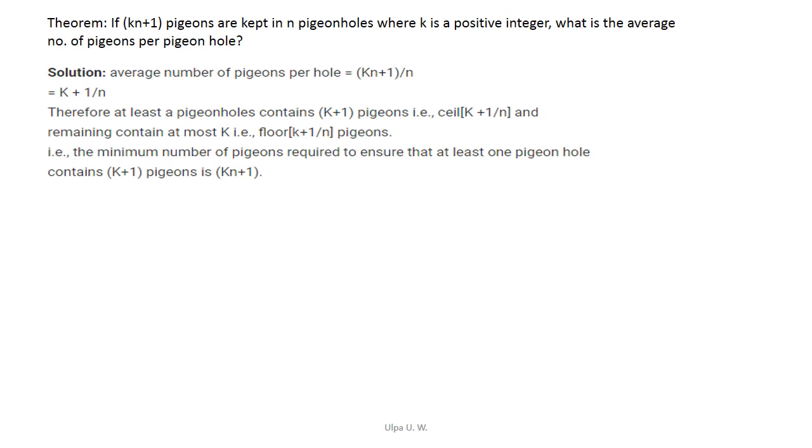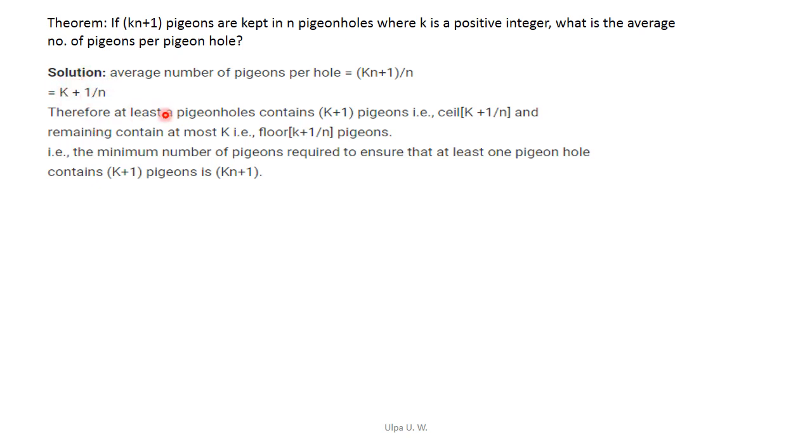Now k is an integer and n is also an integer, so 1 by n won't be an integer. So in short, k plus 1 by n is no longer a pure integer.